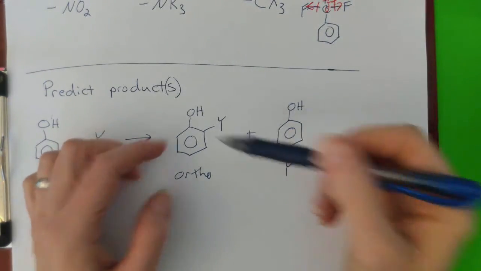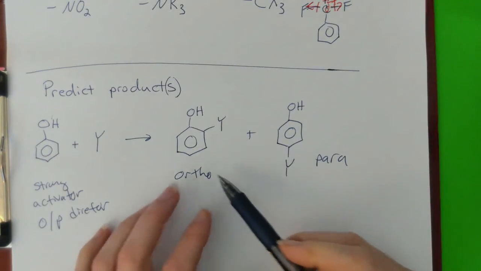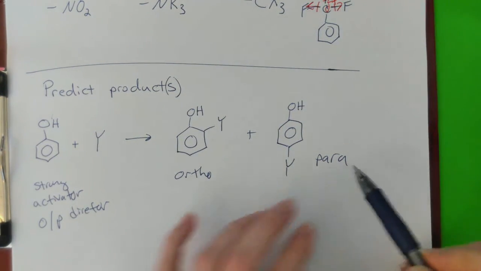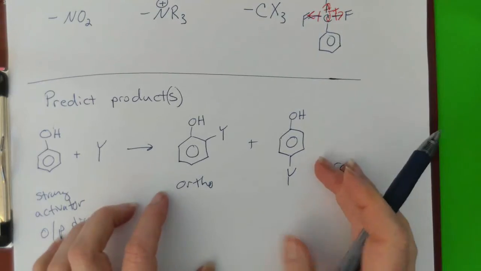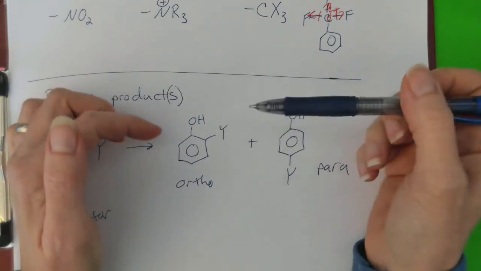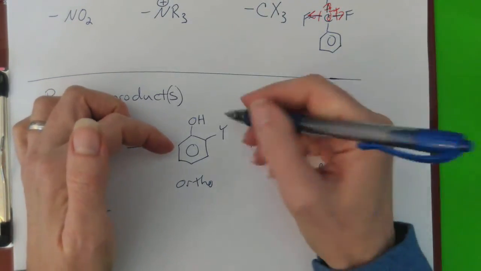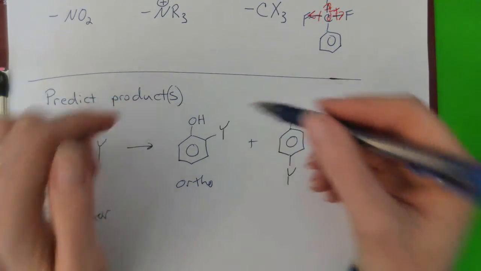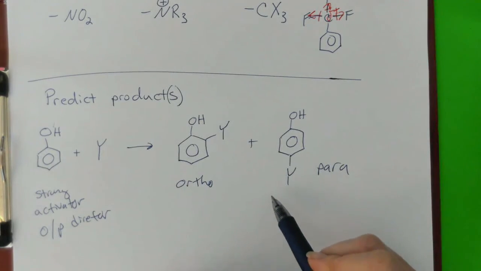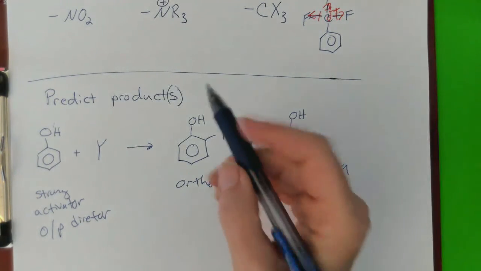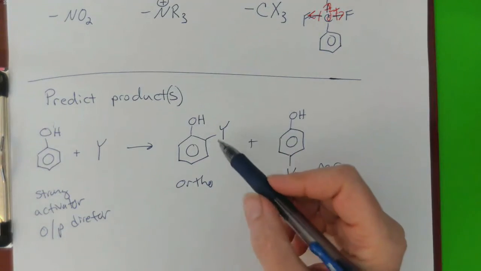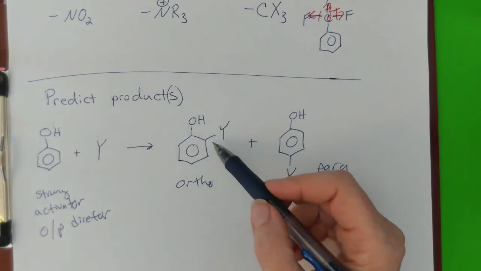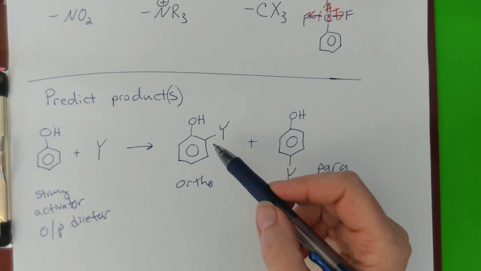Now, you might think that we should have more of the ortho product relative to the para, and I know that I showed you an example where that was the case. I would not be surprised for you to guess that, since there are two ortho positions versus just one para. But most of the time, the bigger this group gets, the less likely the ortho attack is going to be possible due to steric hindrance.